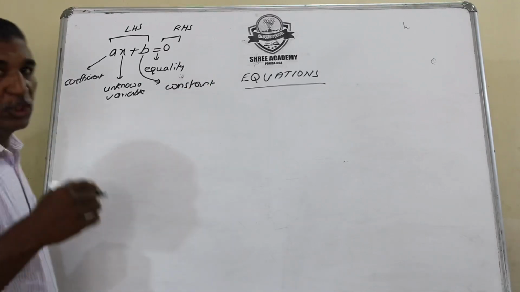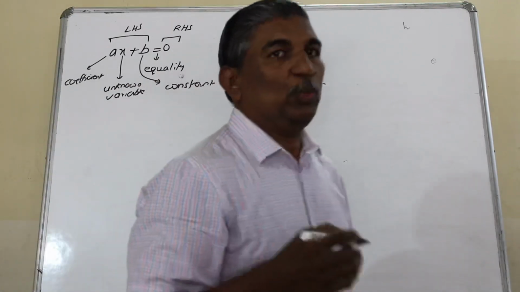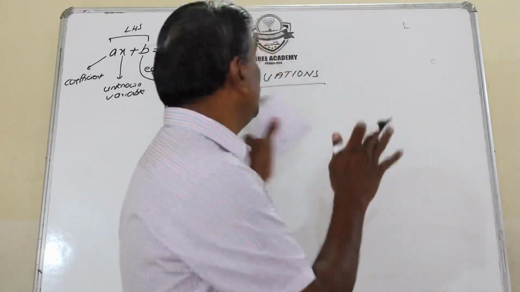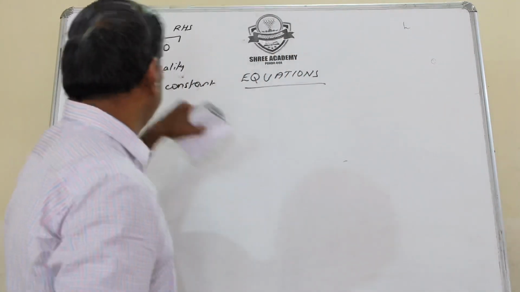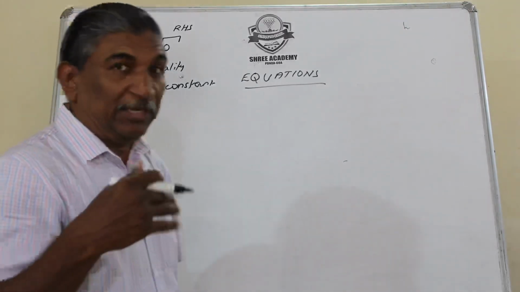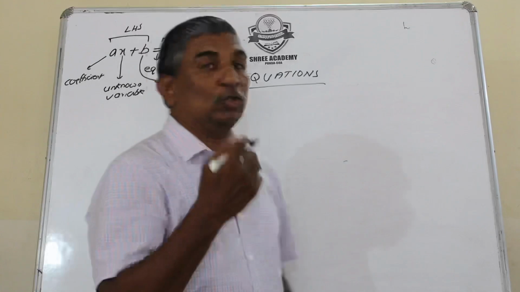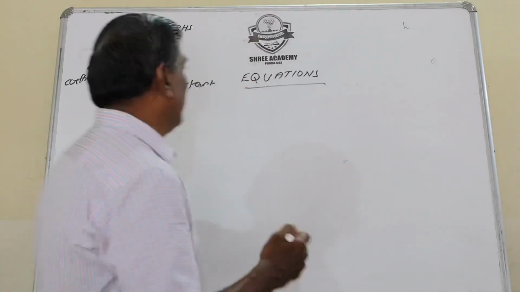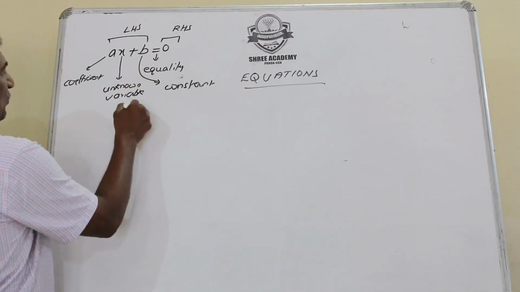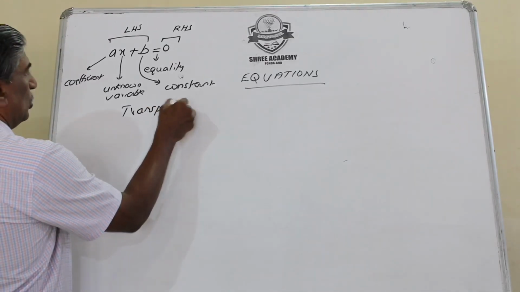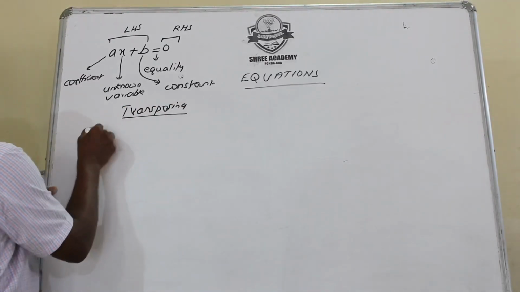So whenever we are solving equations, we always see that the variable is kept generally on the left side. This is the variable. All other things are transposed to the right side. Remember, I have already taught you the basic rules of transposition. For transposing, we do the operations just the opposite.